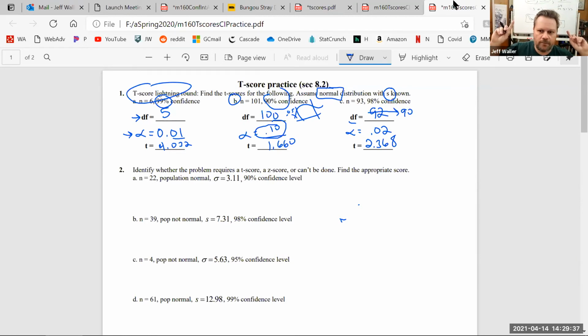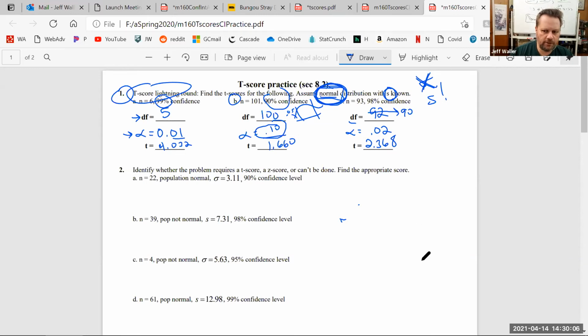Make the interval bigger if you're unsure about the S value. Beautiful. If I don't know the population standard deviation, sigma, I only know S. But also, as always, I cannot do anything unless it's normally distributed. So in number one, I said assume it is normal with S known, sigma not known. That's why it was a bunch of t-scores.